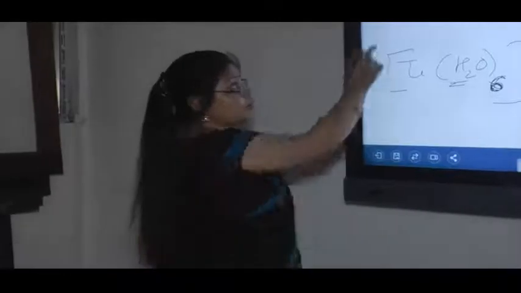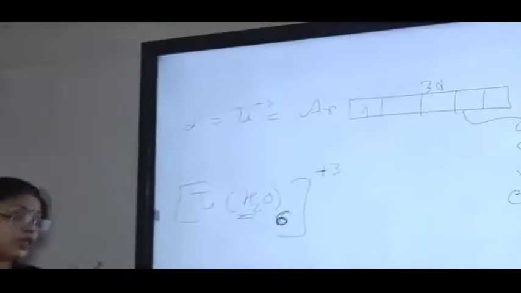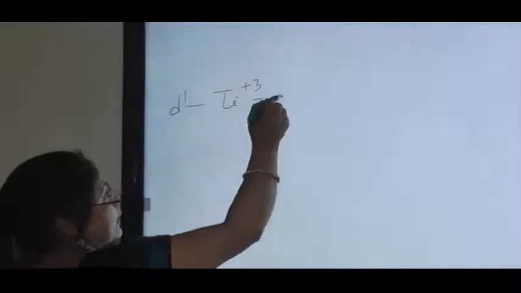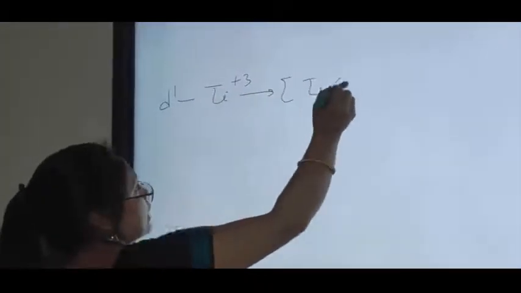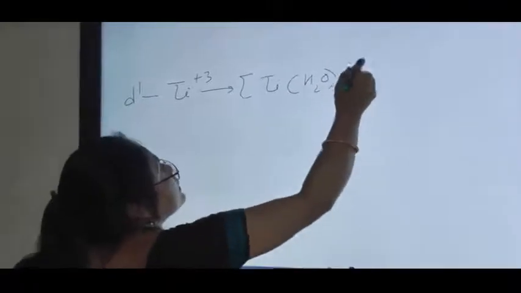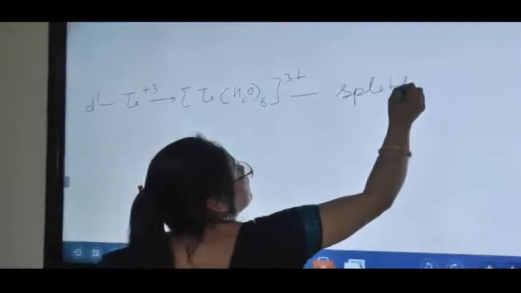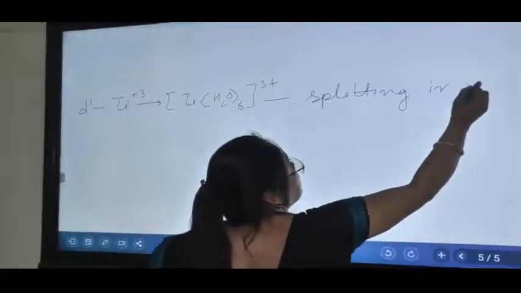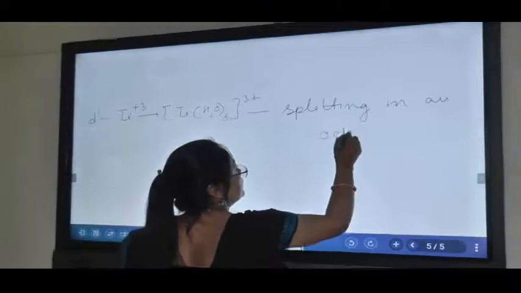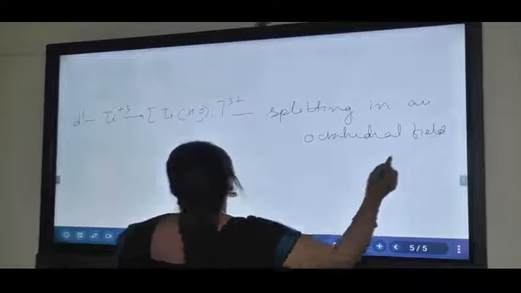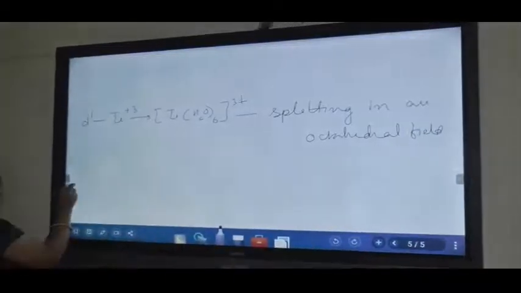Now, how many electrons are there in the d orbital? Only 1. So, we can say the d1 electronic configuration of titanium +3 in the complex hexaaquatitanium(III) will undergo splitting in an octahedral field. How do we represent that?